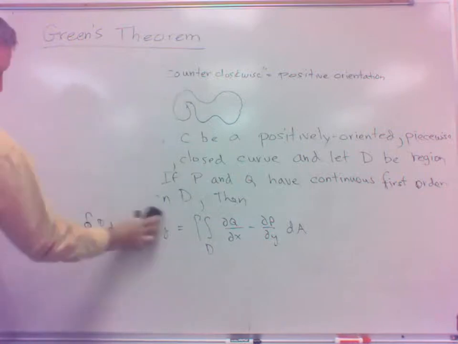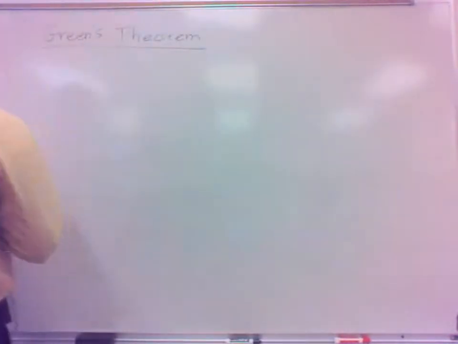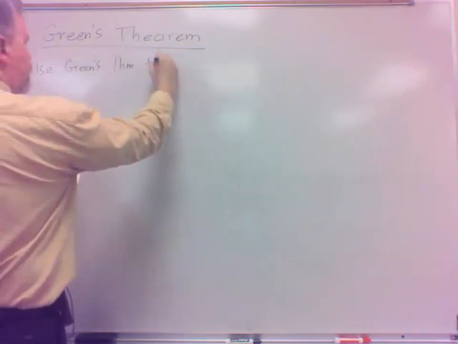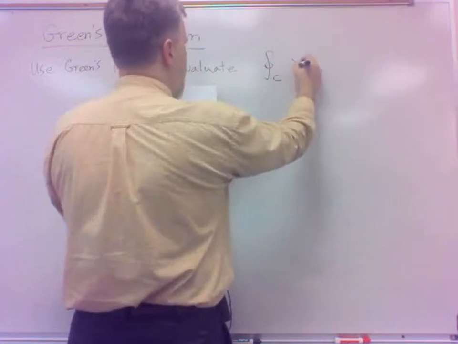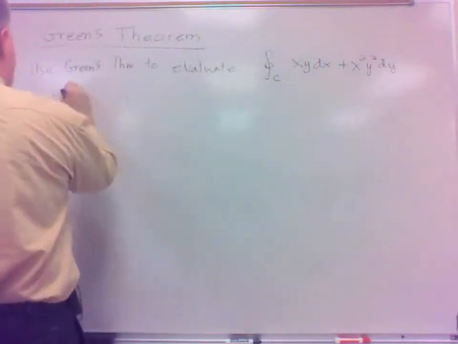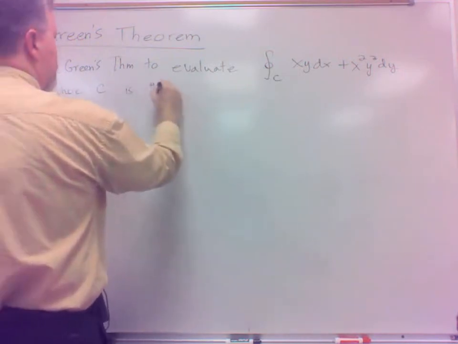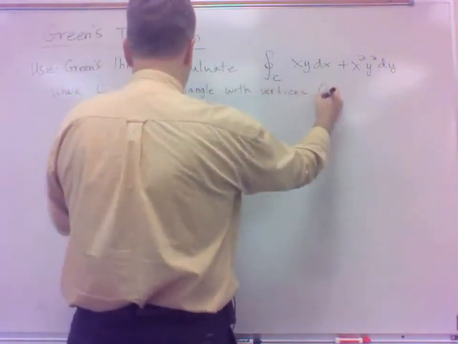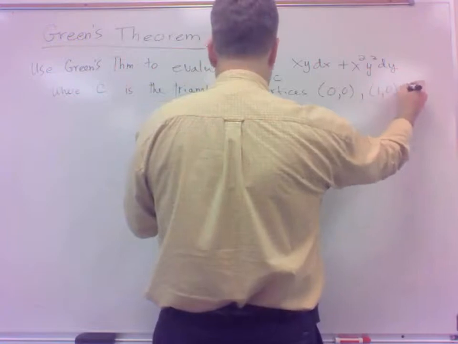So that's Green's theorem. So let's use Green's theorem to evaluate our line integral over C of xy dx plus x squared y cubed dy, where C is the triangle with vertices (0, 0), (1, 0), and (1, 2).